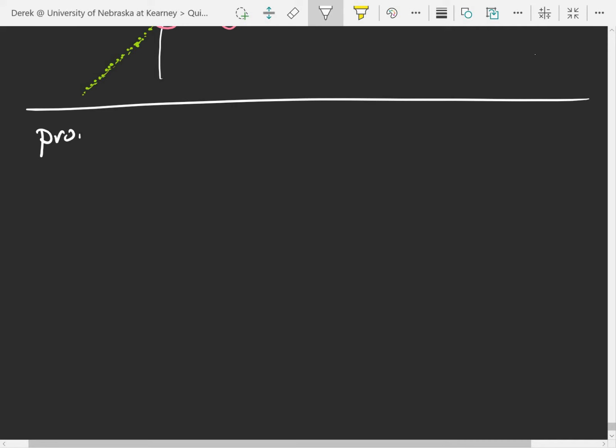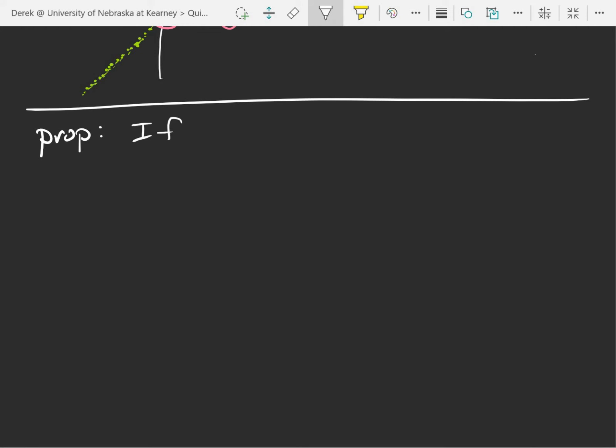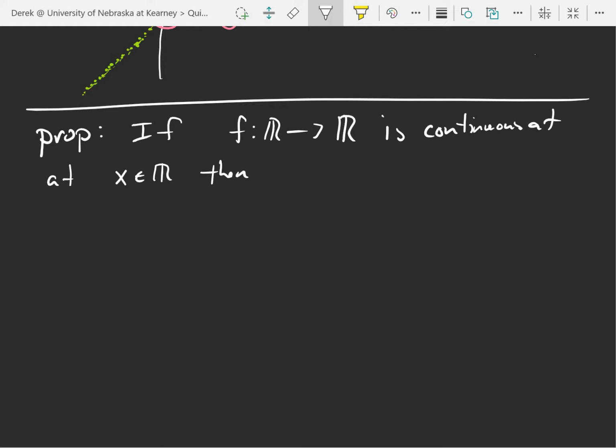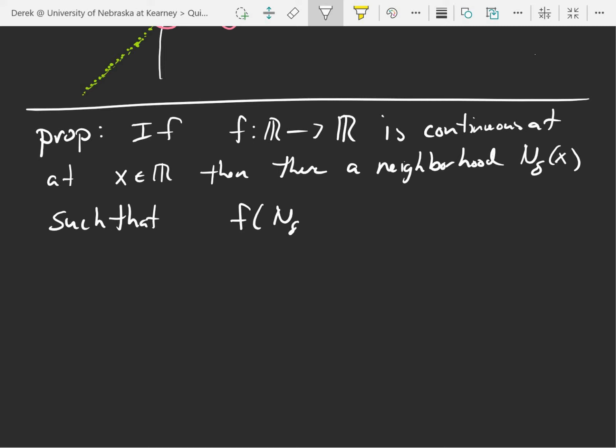So the proposition is: if f mapping R to R is continuous at a point X, then there is a neighborhood, say N delta of X, such that f of N delta of X, all of the outputs, are bounded.